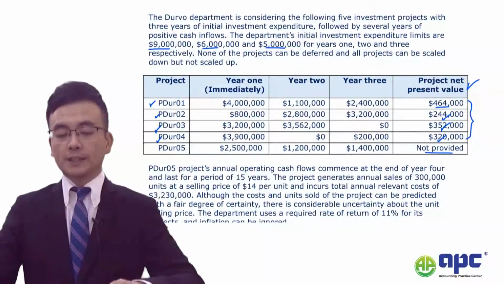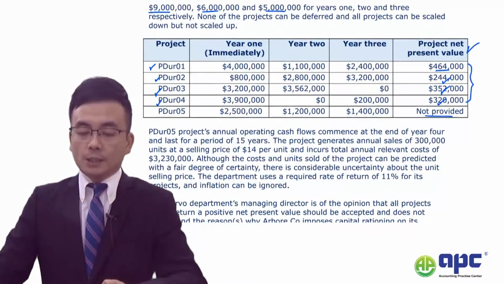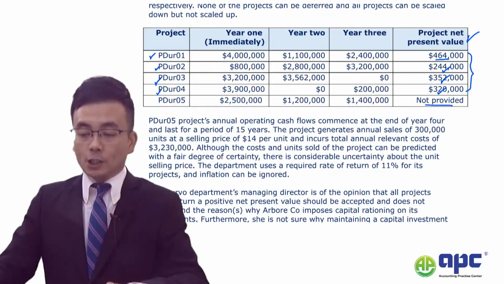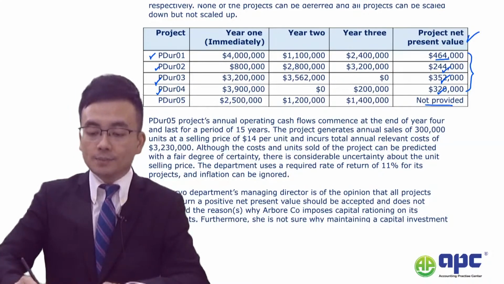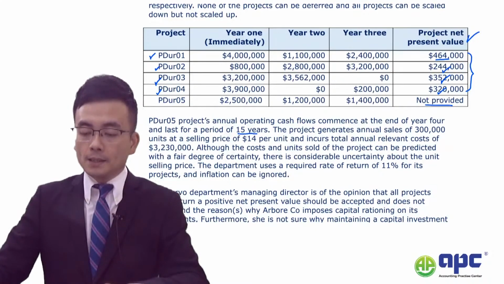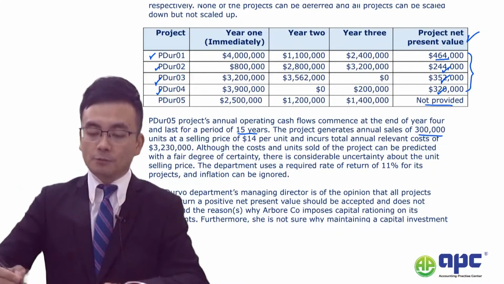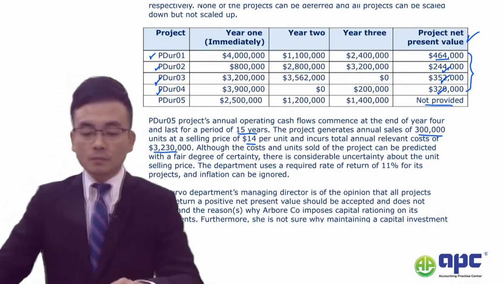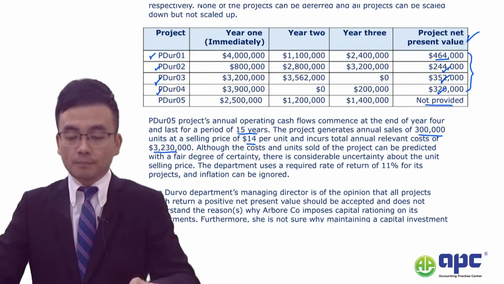Because we are not provided with project 5's NPV, but we're told that project 5's annual operating cash flows commence at the end of the 4th year, lasting for 15 years. The project generates annual sales of 300,000 units, selling price of $14, development costs in total will be $310,000.